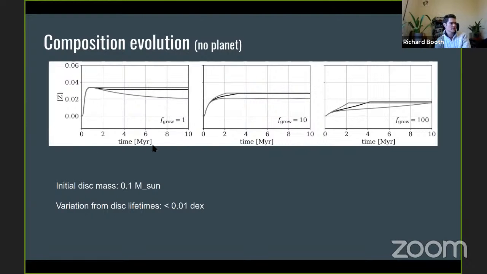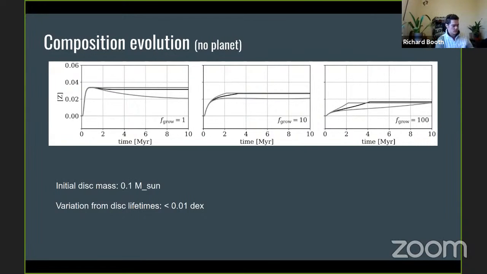The canonical models are on the left-hand side, and then we've slowed down growth by a factor of 10 and 100 as you move along. Okay, so photoevaporation itself leads to the composition of the star being enhanced by some amount, and that's essentially because the evolution of dust is faster than the evolution of gas.